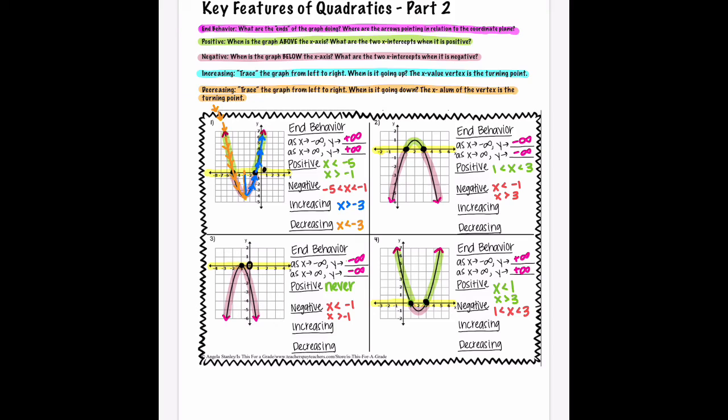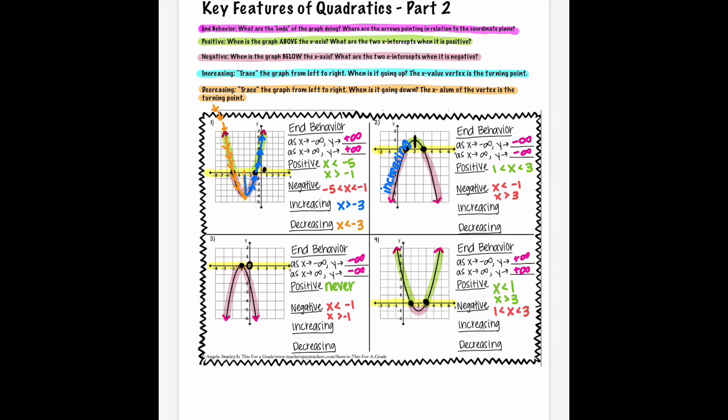Okay, number 2. Let's keep in mind where our vertex is. It's at the x value 2, so that's going to be our turning point. If we're tracing from left to right, I'm going to start on the left, we're going up until we get to the vertex, and then we're going down. So we're increasing from -infinity up until we get to x equals 2.